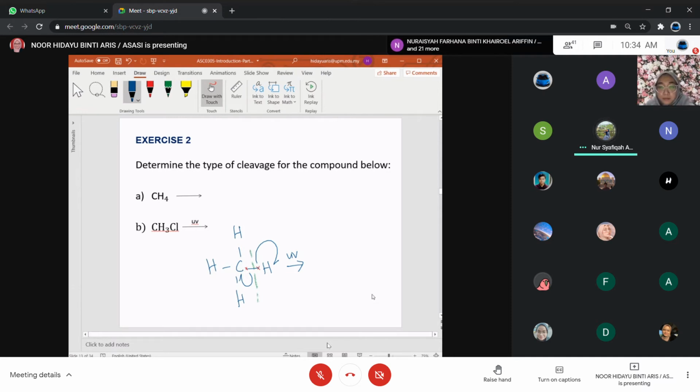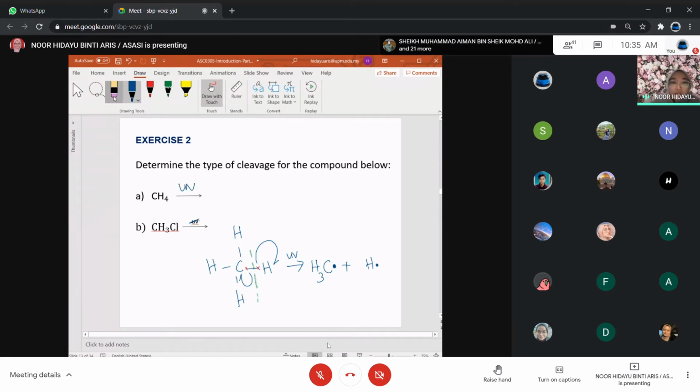CH3 dot, free radical, plus H dot. Okay, so you akan form 2 free radicals with the presence of UV. So UV ni bukan duduk kat bawah tapi dia duduk dekat atas.